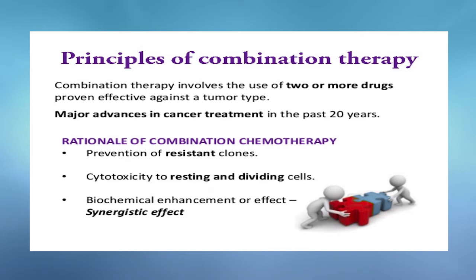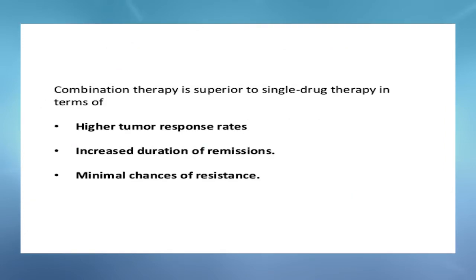There are modalities to overcome this kind of resistance, either by using different types of chemotherapeutic agents working on a different cell cycle, or by alternating the chemotherapy with each other.